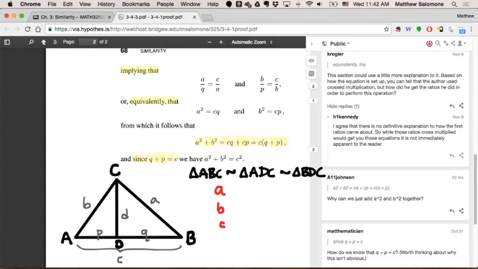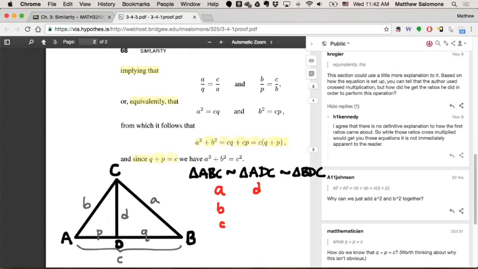The sides of the triangle ADC, let's make sure that we get the right correspondences here. The sides opposite angle A are going to correspond to one another, right? And so d is going to correspond in the small triangle to the side which is opposite the same angle in the bigger triangle, which is a. So a is going to correspond to d.